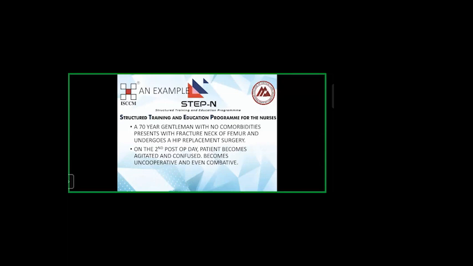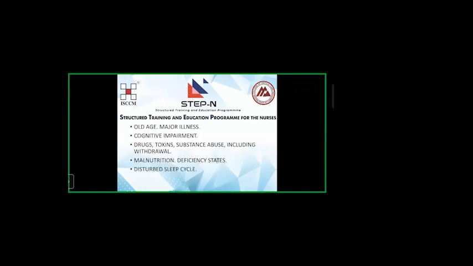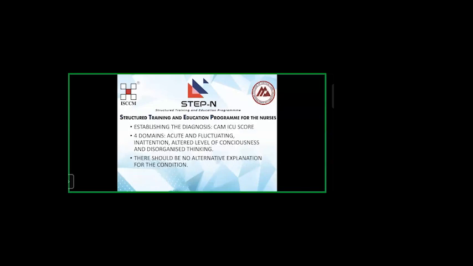So all the testing in these patients is done from the point of view of excluding another cause, or maybe sometimes identifying a cause for what could have precipitated the delirium. Once we have suspected and established the diagnosis, we can also look at the severity of how much problem the delirium is causing in care of the patient.